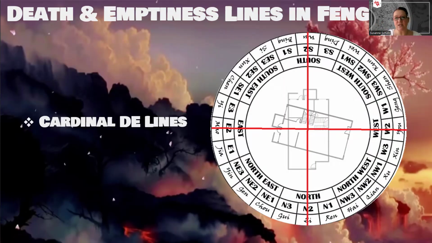This happens when your property is facing either 0 degree, 90 degree, 180 degree, or 270 degree precisely. So if your property, let's say, is facing 0.5 degrees, then this is not a cardinal death and emptiness line facing. So it has to be precisely facing due 0 degree, due 90 degree, due 180 degree, or due 270 degree. Then the property is facing a cardinal death and emptiness line.